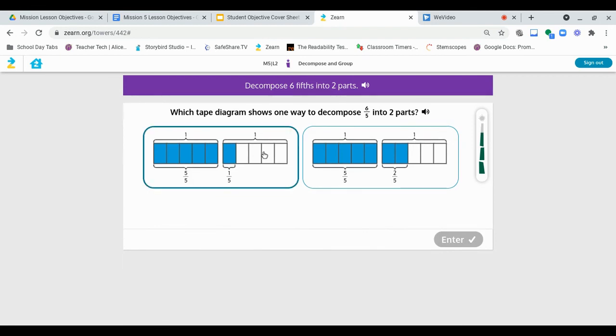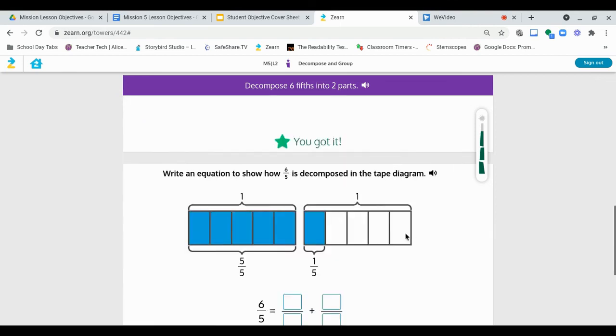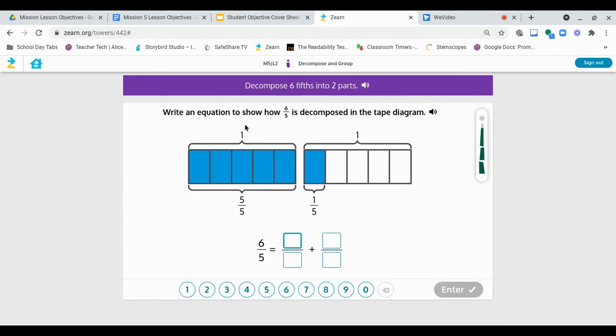Now it asks which tape diagram shows one way to decompose 6/5 into 2 parts. I'm looking for 6/5. This is 5/5 and 1/5. 5 plus 1 is 6. That'll work. This one is 5/5 and 2/5. Well, 5 and 2 is 7. So I know it's this first one. Hopefully I'm towards the top.